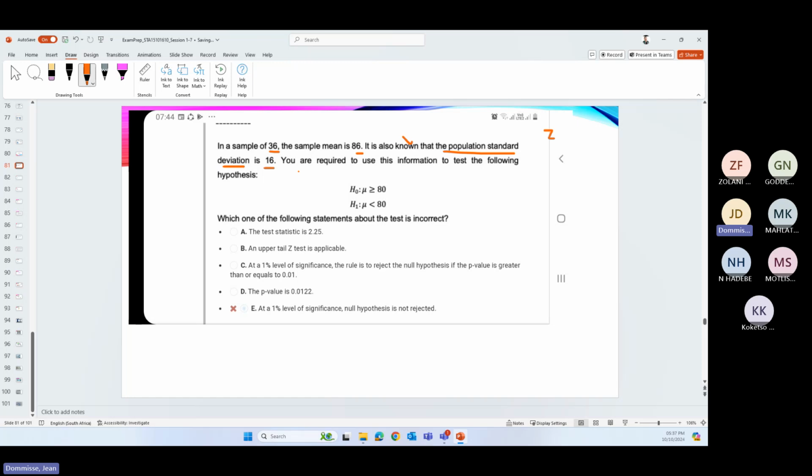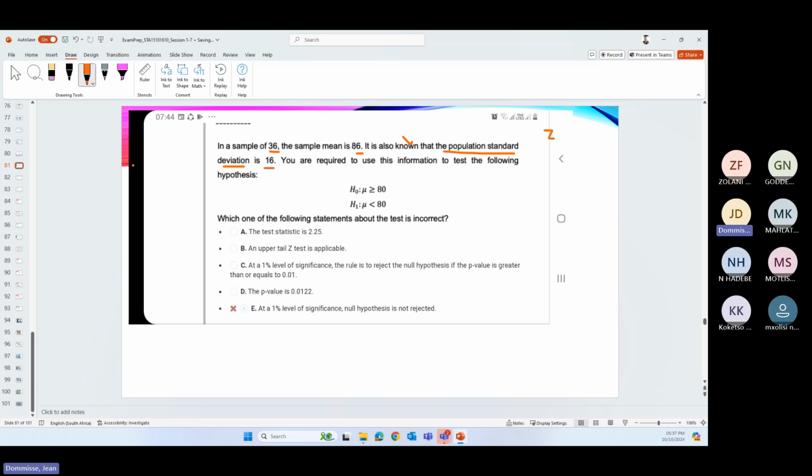Then they say you are required to use the information to test the following hypothesis. Okay, so yeah, that is nearly what I was thinking as well.